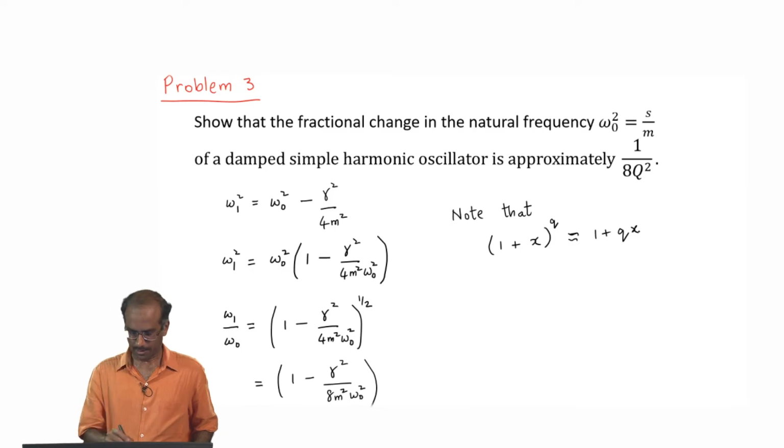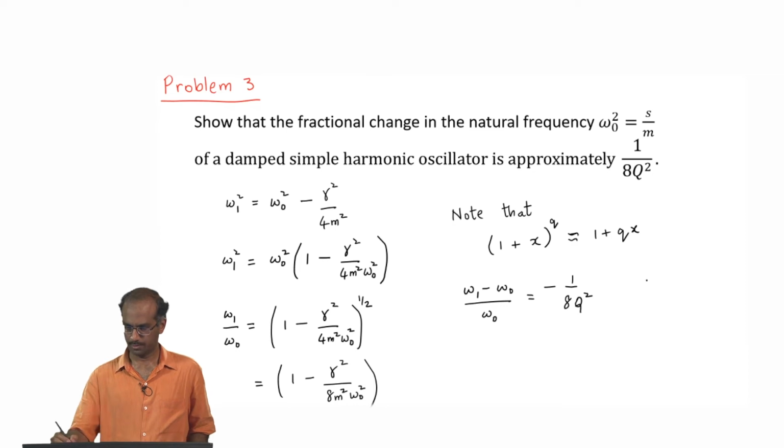And from here we recognize that m omega 0 by gamma is q, and we can take 1 on the other side. If we do all that, we should be able to get omega 1 minus omega 0 divided by omega 0 is equal to minus 1 by 8 q square. Notice that q is equal to m omega 0 by gamma.